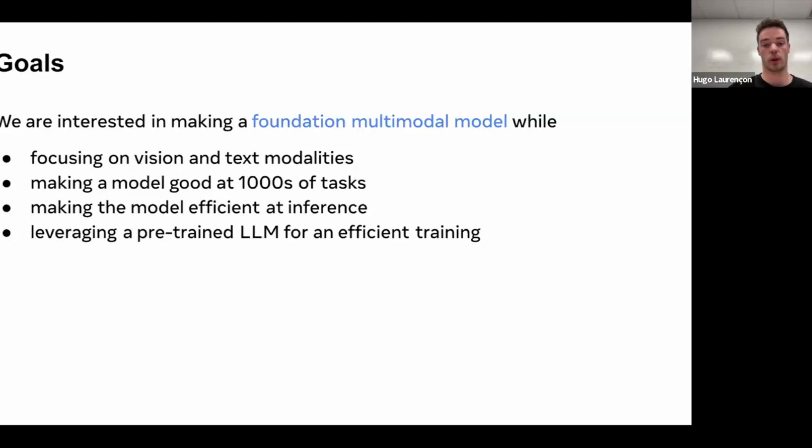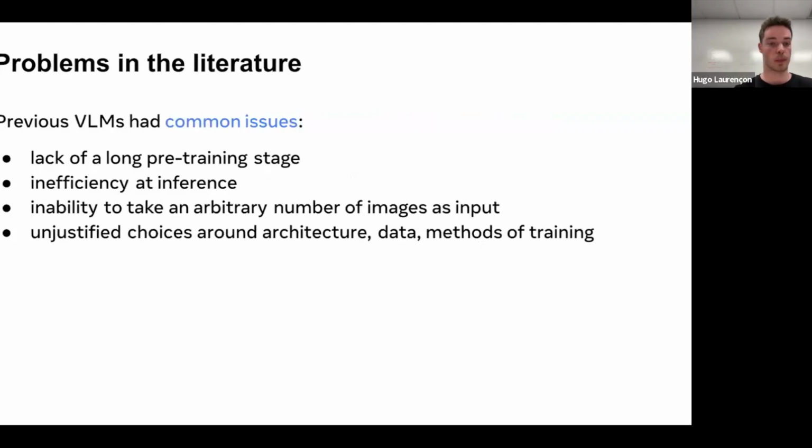This is super important for applications like robotics, where you need to consistently prompt your model with a new image, and you need to have quick outputs to do fast iteration. Finally, we want to leverage pre-trained backbones, so a pre-trained language model and a pre-trained vision encoder, for efficient training. We will not train our whole multimodal model from scratch, for efficiency reasons.